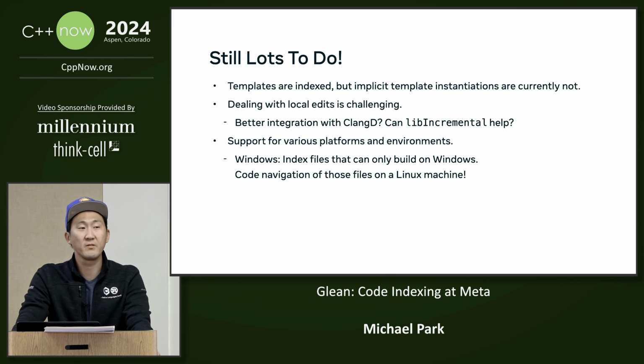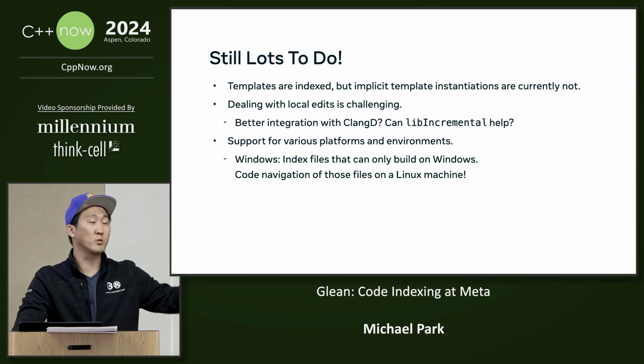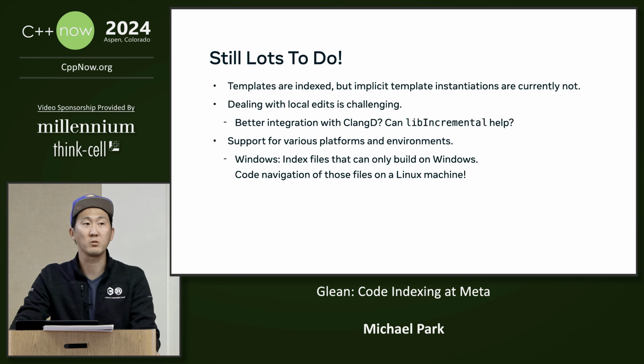If you have files that include windows.h, but we only have indexers that run on Linux, then when you open that file, it's not going to go anywhere, right? But if we ran the indexers on Windows, then we would get that information that you can actually use to navigate on a Linux machine, right? Because it's just going to be a call to a server that gives you information, and you can just follow their directions. You don't need to build anything locally.